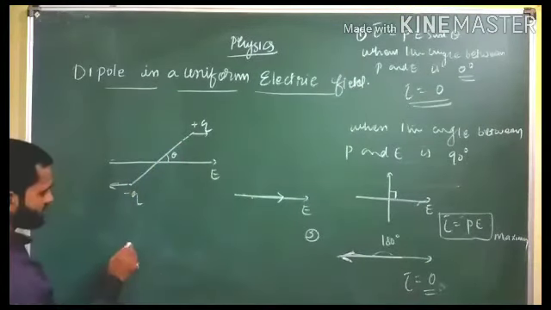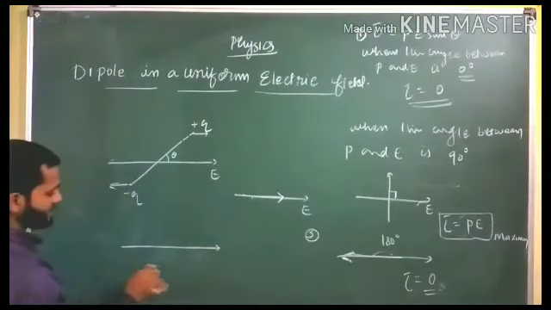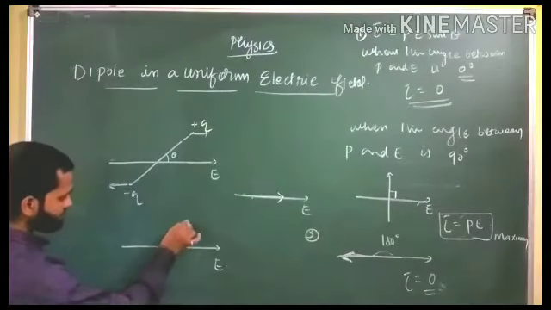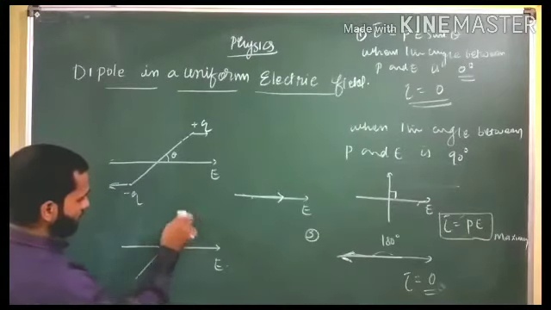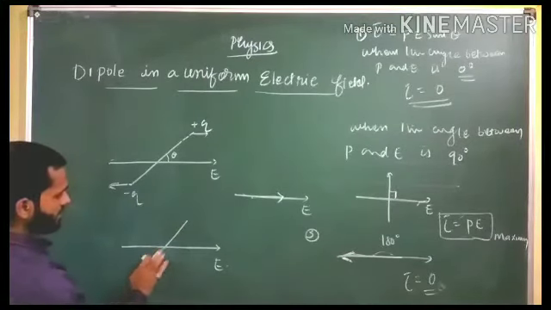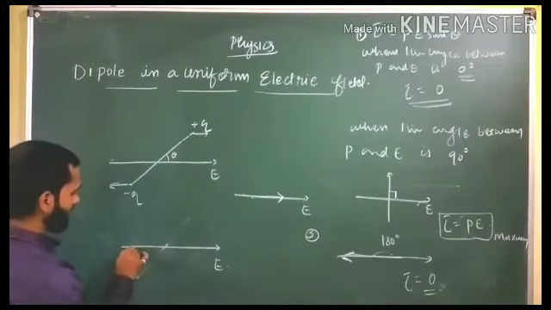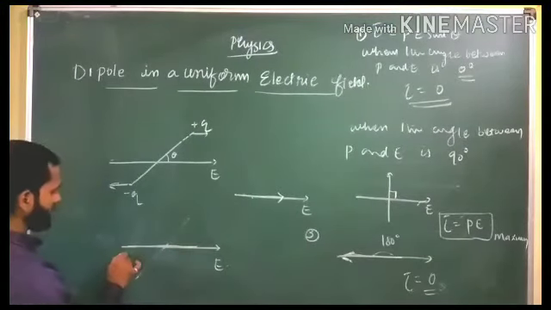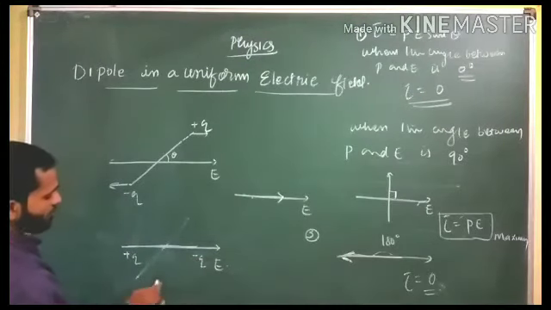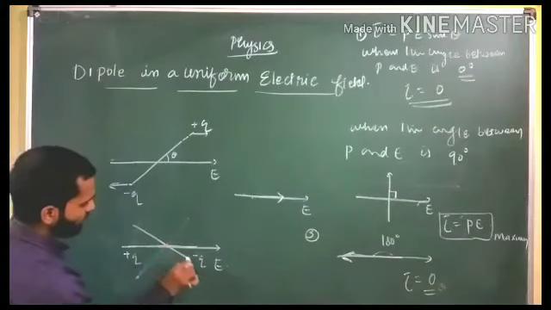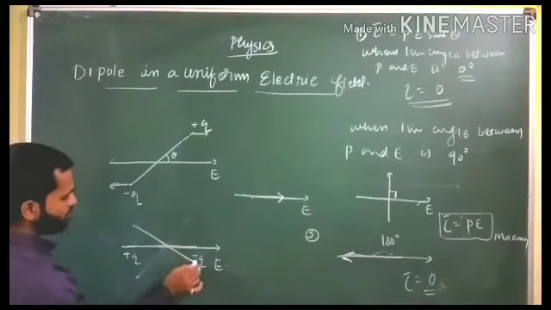But in the case of 180 degree, if this is the electric field and this is your dipole, this dipole is arranged at 180 degree. Here is plus q and here it is minus q. We have given a small disturbance, or rotated it by a small angle.